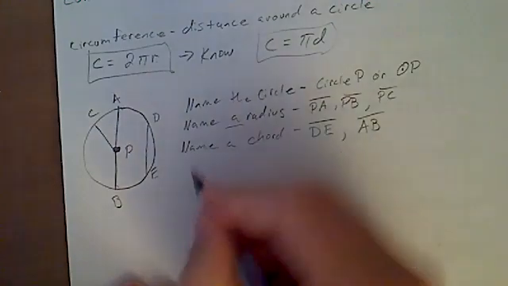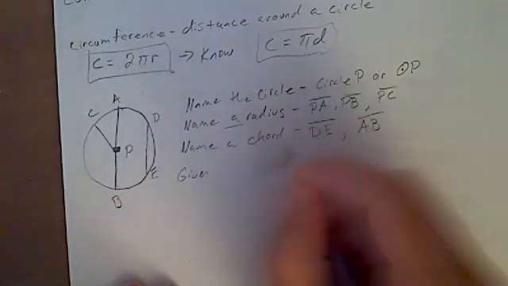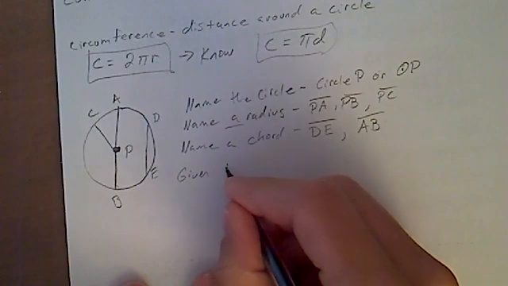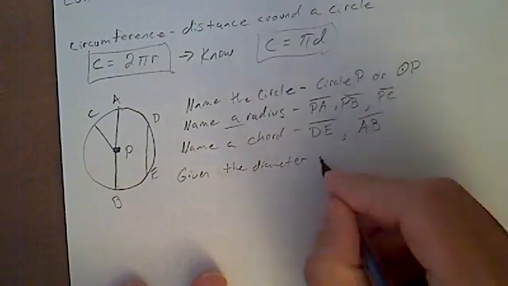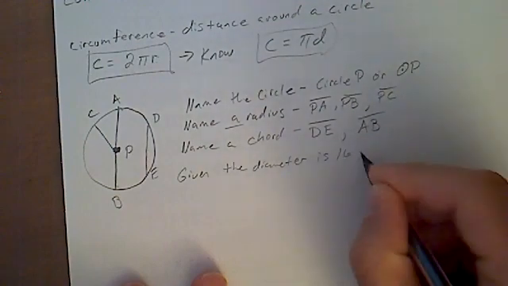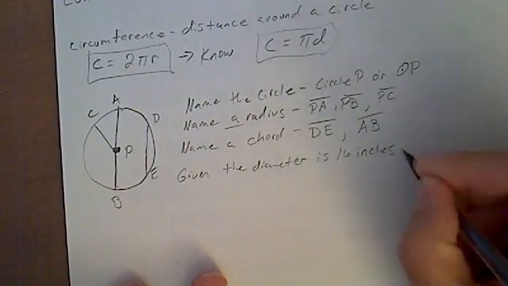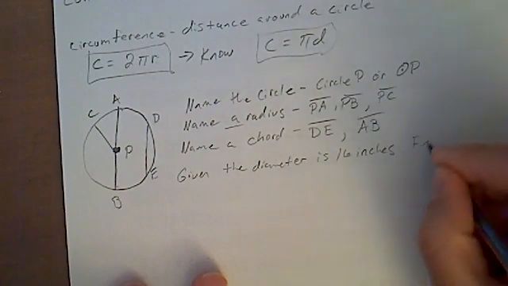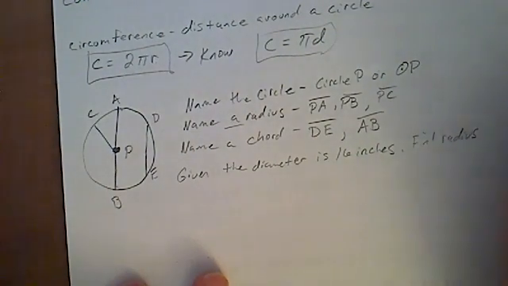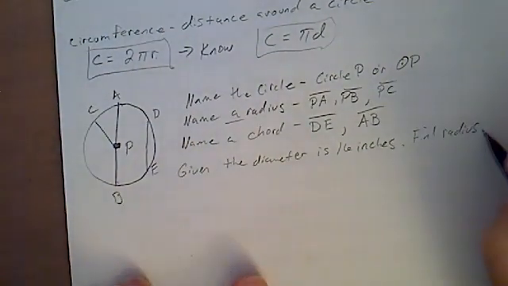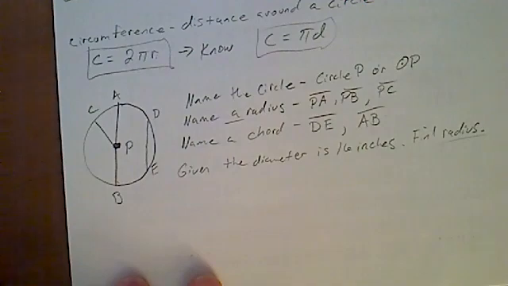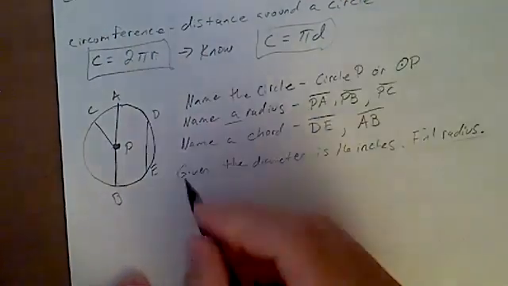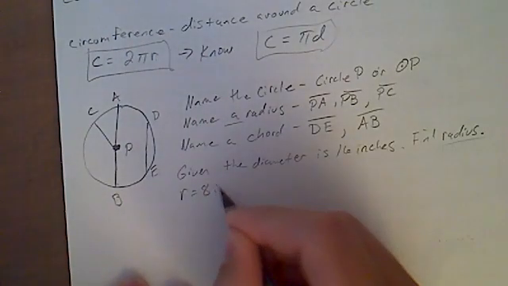Let's see, suppose that we're given the diameter to be 16 inches. What's the radius? Well, if the diameter is 16, the radius is always half of that, because a diameter is made up of 2 radii. That would mean that the radius equals 8 inches.